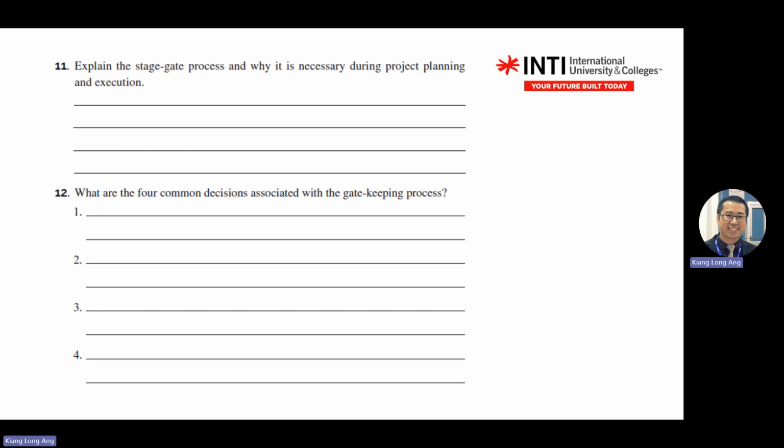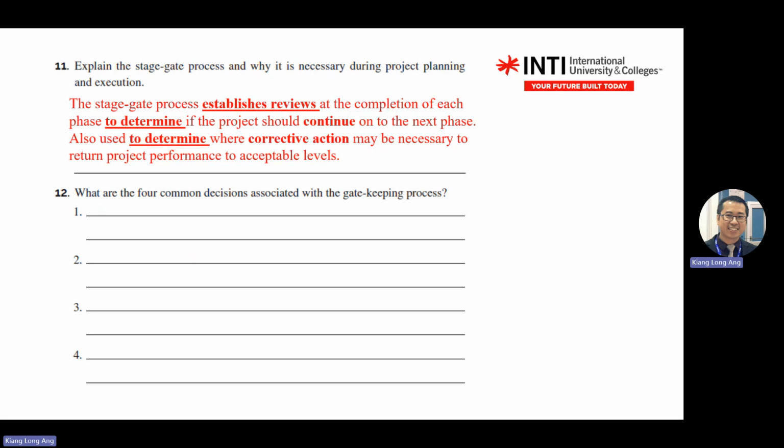He asks you to explain about the stage gate and what are the common decisions associated with the stage gate. So the first one, why is it necessary during planning? First, the stage gate process establishes a review and determines if it should be continued and if corrective action is needed. So it provides review. Keyword for stage gate is give review, and then decision what? Decision to continue and take corrective action. All right. These are the keywords. I highlighted the things already.